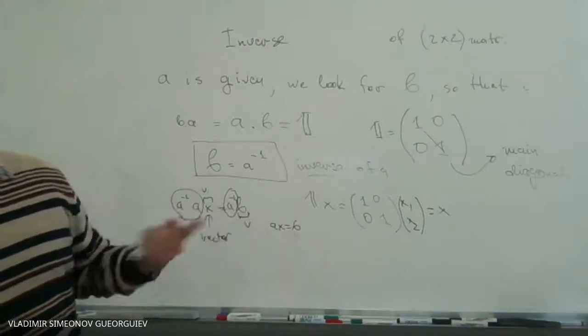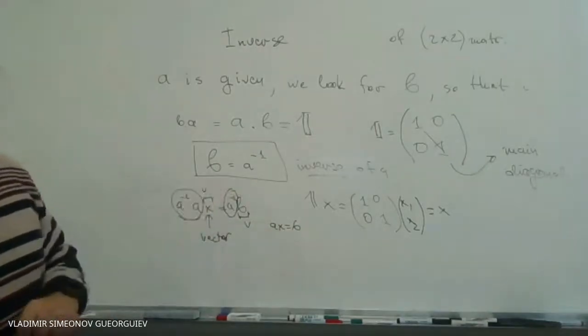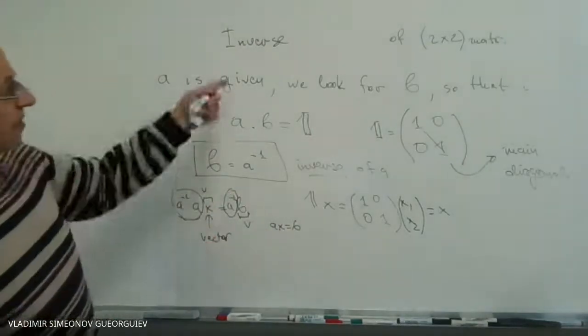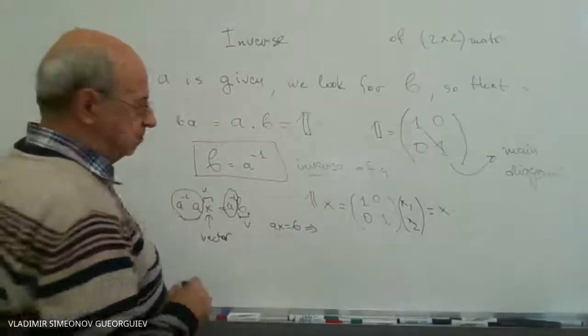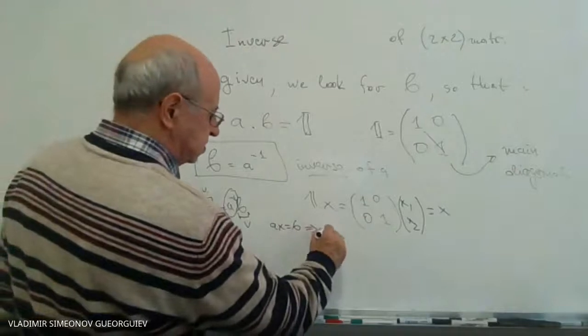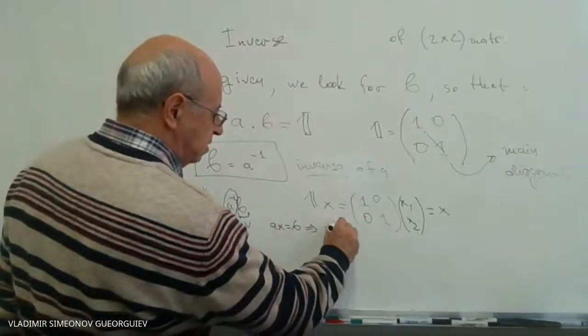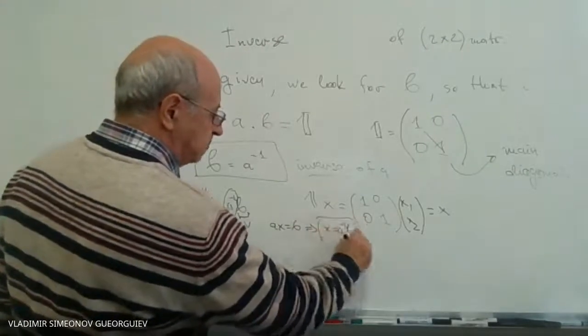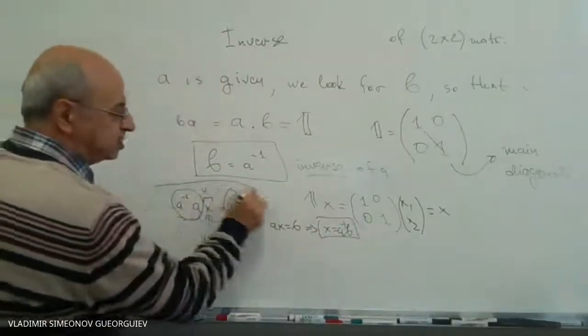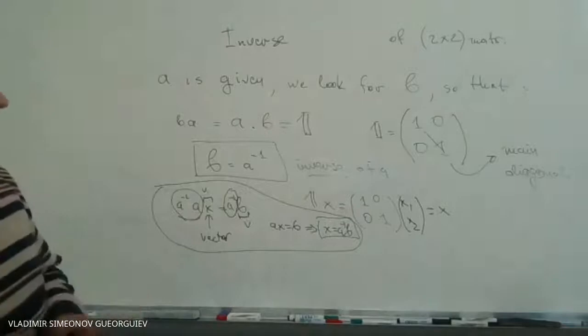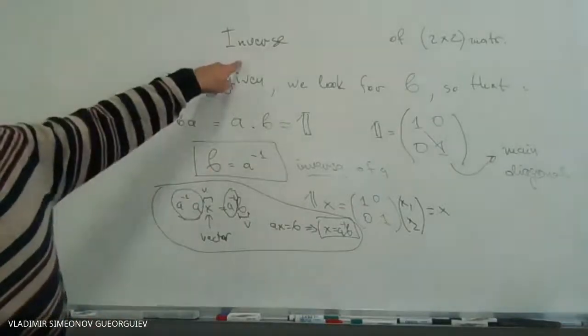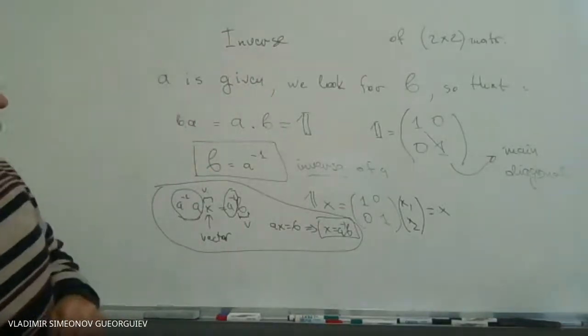This is the usual 2 by 2 system. But if we have the inverse, then we can do exactly as we did with real numbers. X is A minus 1 of B. This observation, this is nothing more than a small observation, shows the importance of computing the inverse of a matrix.